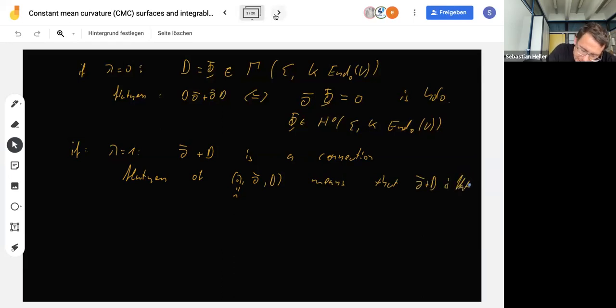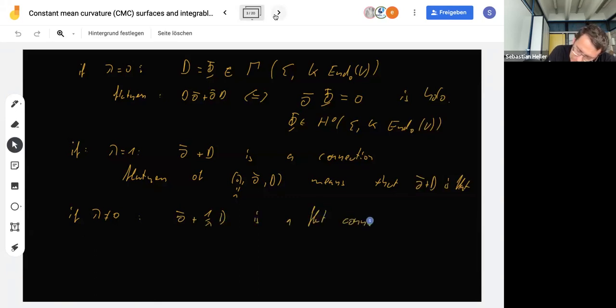And finally, if lambda is not equal to 0, we can rescale the D part, and then we get del bar plus 1 over lambda D is a flat connection.